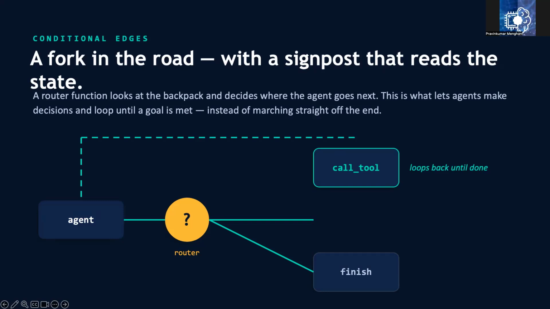Now, if you look at the diagram here, the agent runs, produces the output, that is sent to the router, and the router function checks: did we get what we need? If no, route to the call tool, then loop back to the agent. If yes, route to the finish line. Now, this loop is pretty much everything.